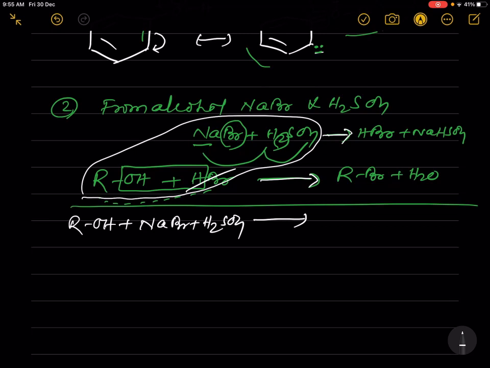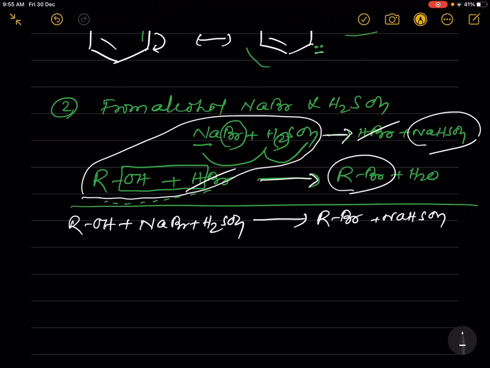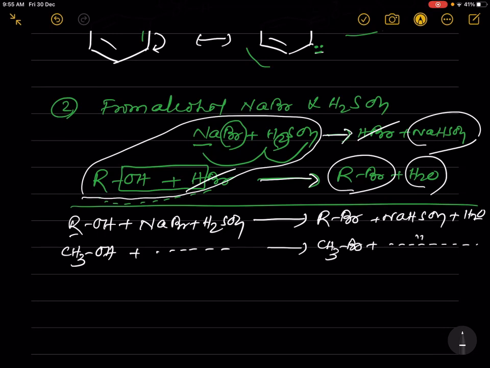HBr cancels, and on the right hand side you will get RBr, NaHSO4 and water. If you take CH3OH with the same reagent, you will get CH3Br along with the same products.